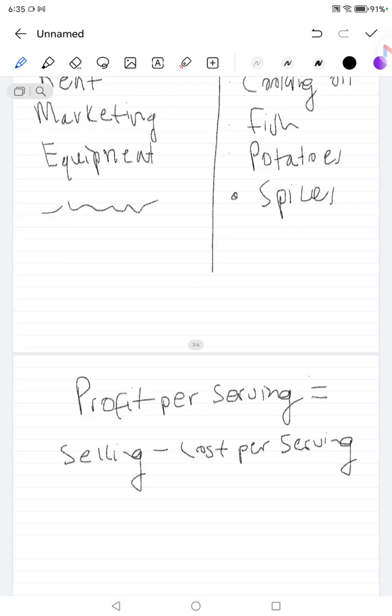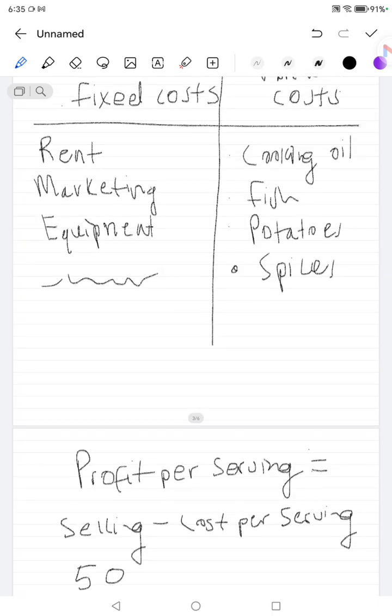So let's just say now you want to sell your fish and chips for 50 rand. The cost per serving, let's just say, okay, I'm just going to give a small amount since I've already included a 50. Just know this is a silly example I'm using.